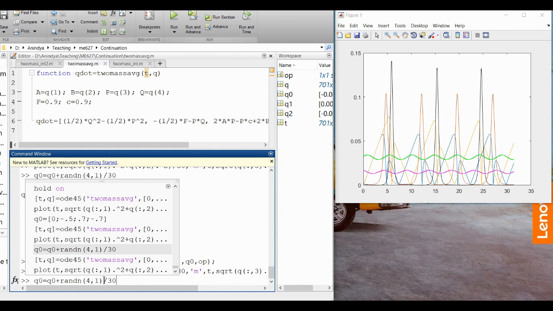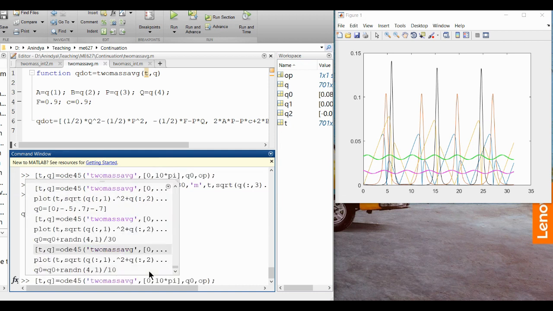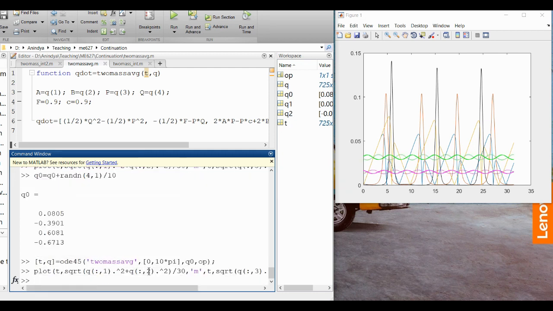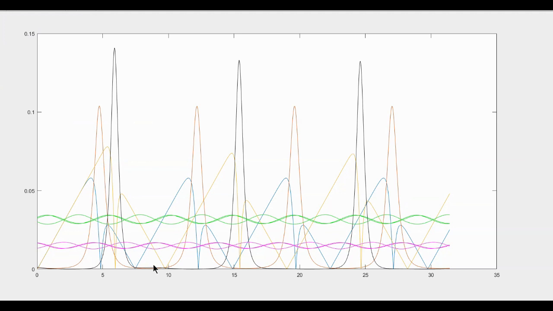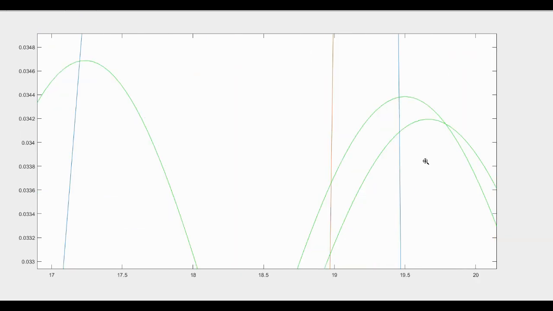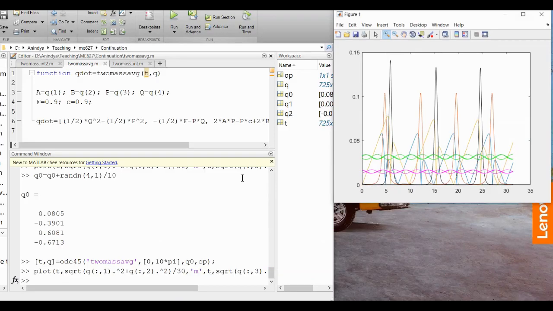Maybe I'll perturb it a little more. Okay, so now let's go there and look. We have to get a bit close to understand that these are in fact different solutions, but when we get close, you see that the maximum amplitudes are different. Okay, so they are different. Let's do one more.